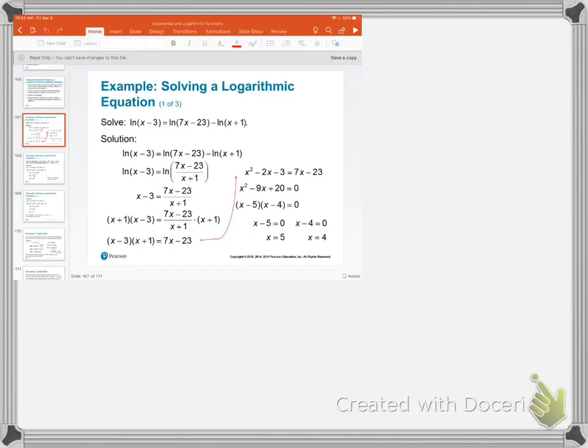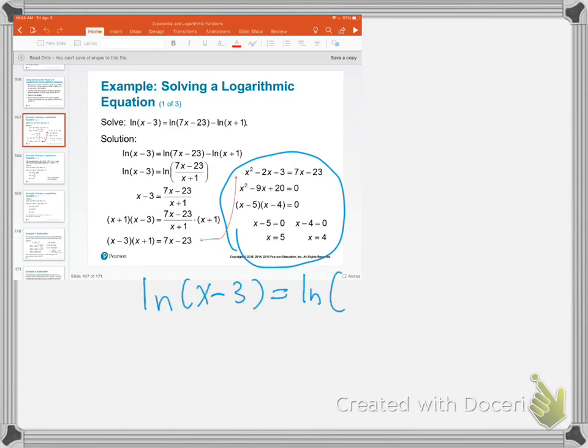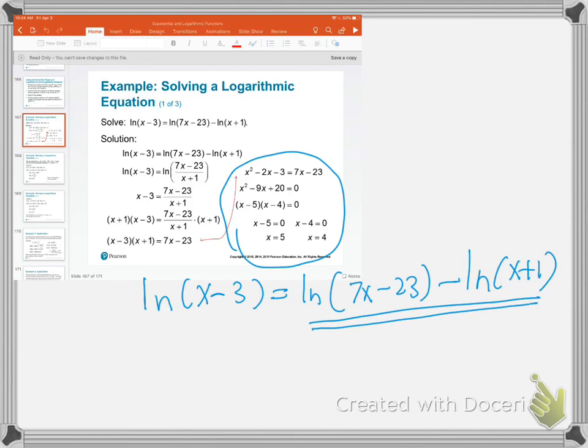I will explain the beginning steps of this example. For the quadratic equation part, you just look at the calculation here, the second part. In the beginning, we have ln(x minus 3) is ln(7x minus 23) minus ln(x plus 1). First, we combine these two log forms on the right hand side.